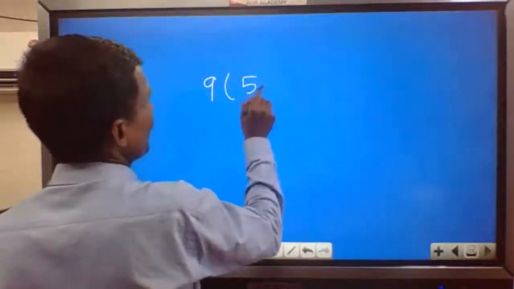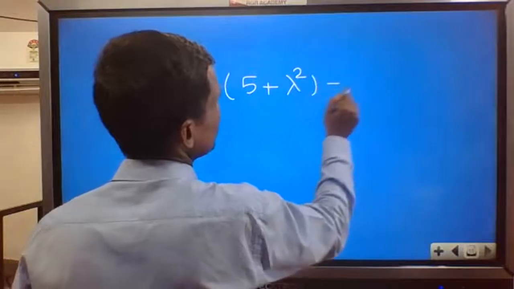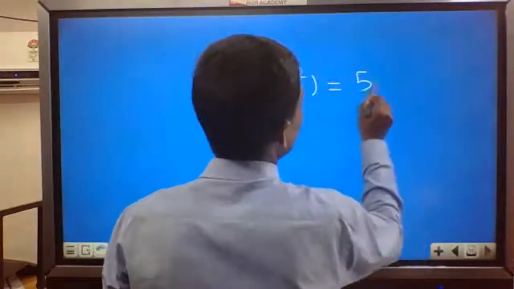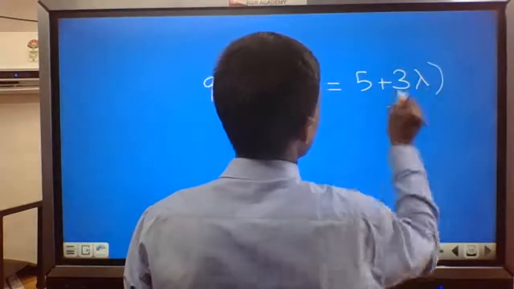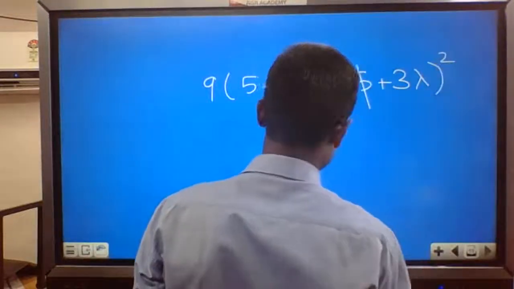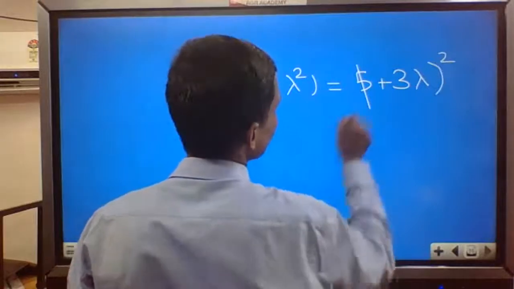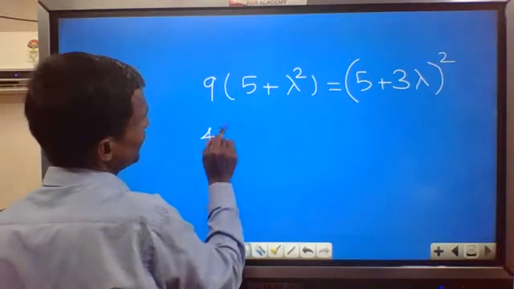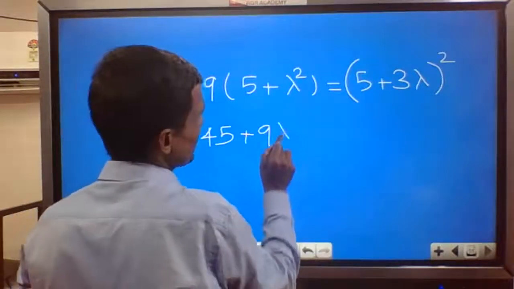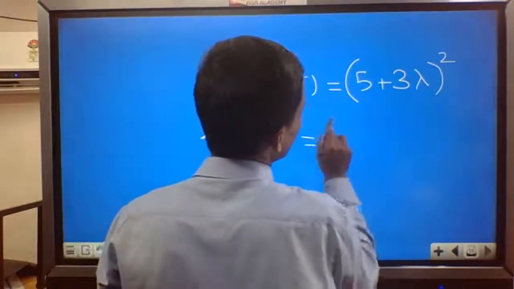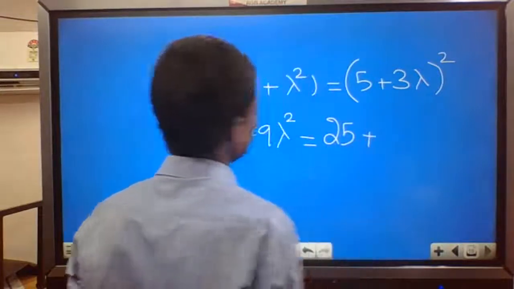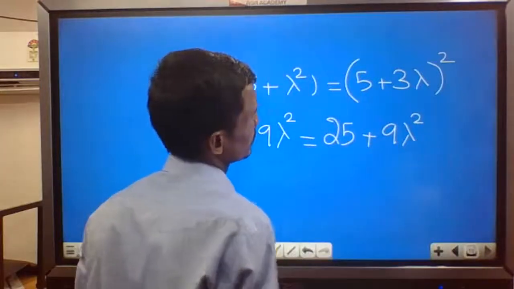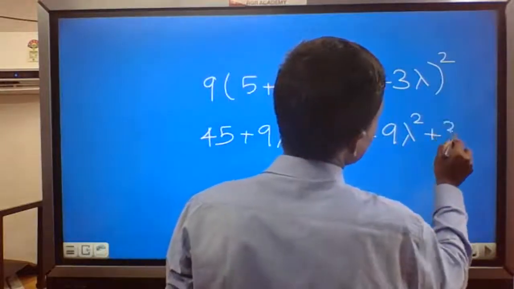So 9 into 5 plus lambda squared equal to 5 plus 3 lambda whole square. So 45 plus 9 lambda squared equals 25 plus 9 lambda squared plus 30 lambda.